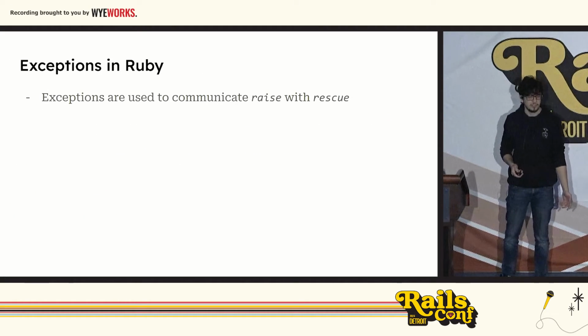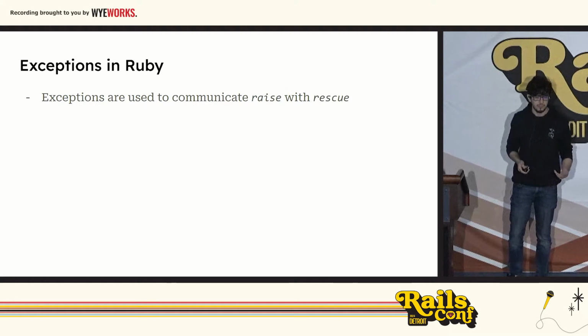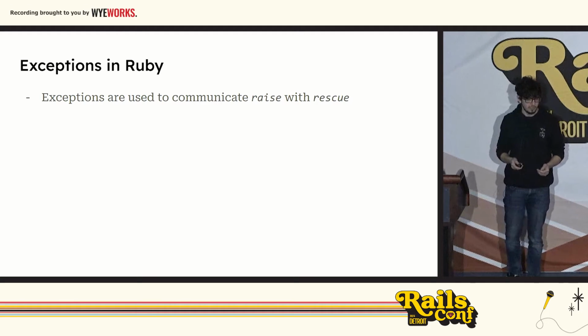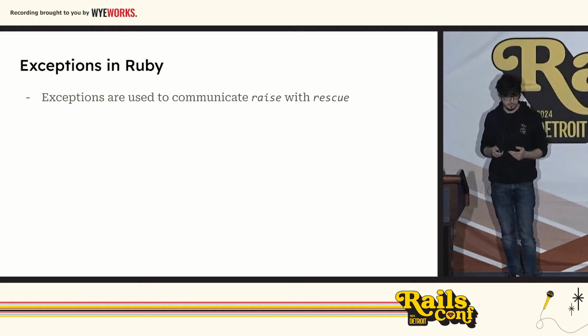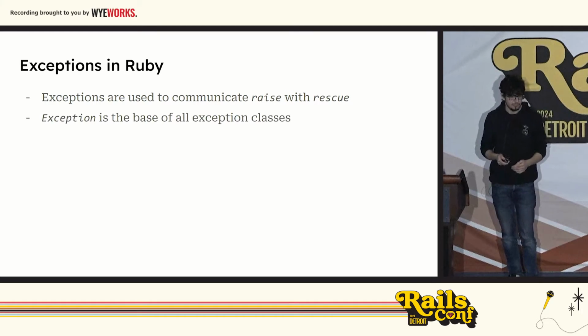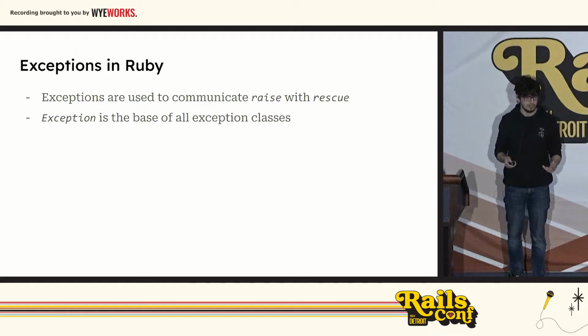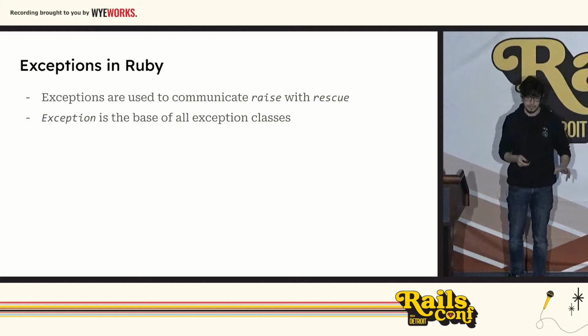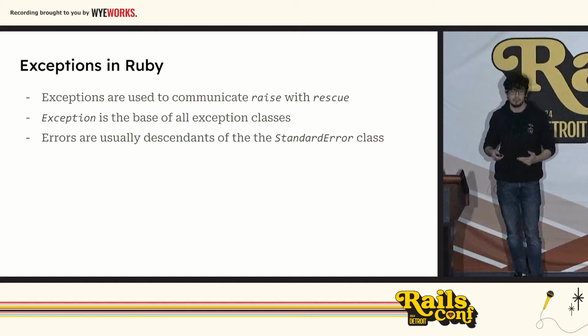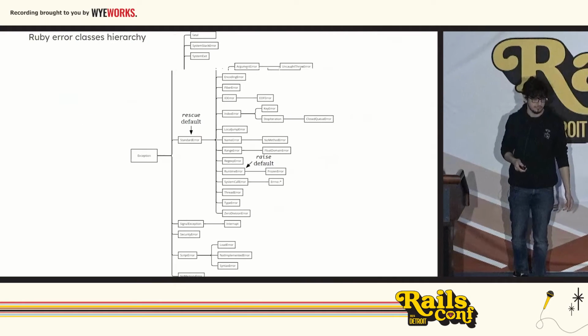Now, in Ruby, exceptions are used to communicate between the raise method and the rescue part of the code where we're going to actually handle the error. The base class of all the exceptions is usually the Exception class, and when we have an actual error, like an error that we can recover from, it's going to be a descendant of the StandardError class.